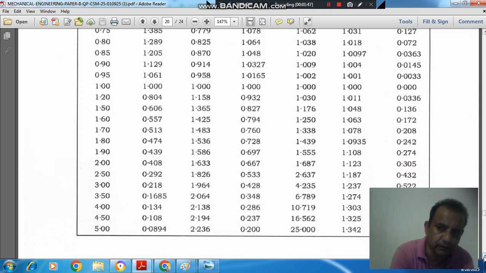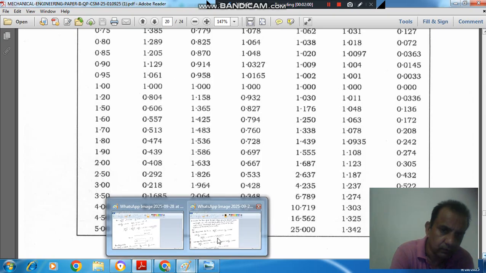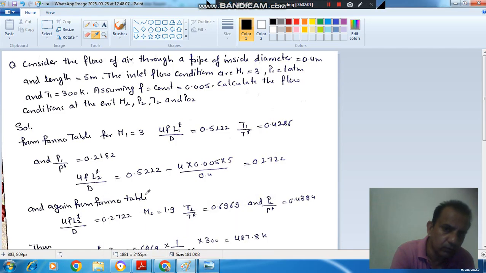The last column is 4FL max by D, that is 0.5222, and similarly T1 by T star is 0.4286, and P1 by P star is also there, and it is 0.2182. So we can note down these properties.